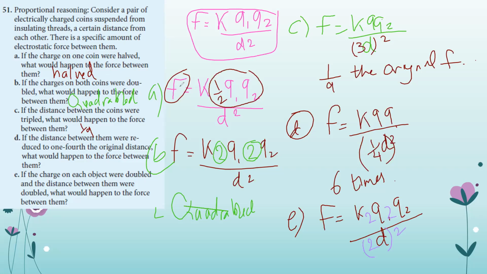What will happen with the force? 4, teacher. Eh? 4 multiplied by 4. To stay the same. It will stay the same. There's no change. Thank you, Danny. Because here we have 2 times 2 is 4 over 2 squared, which is 4. 4 cancels 4, so it will be the same. Is it clear? Yes.